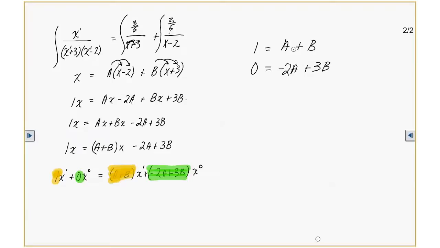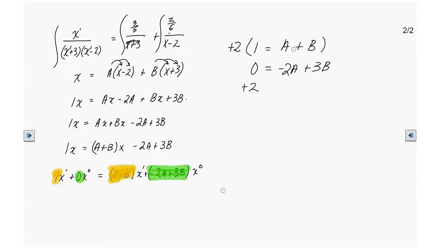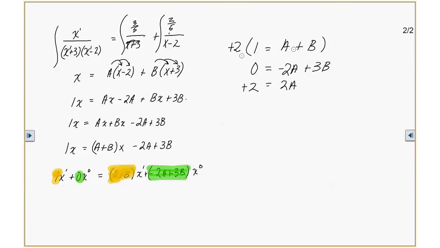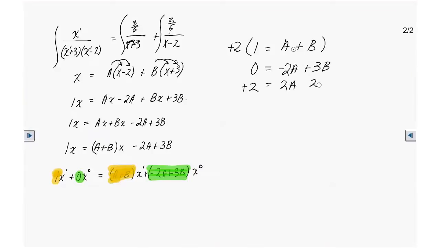All right, so I'm going to multiply the top by what? Negative 2, Hubert. That's right, class. Glad you could remember your elimination. So negative 2 times 1 is negative 2. Negative 2 times A is, I'm sorry, positive 2, so 2A. And 2 times B is 2B.